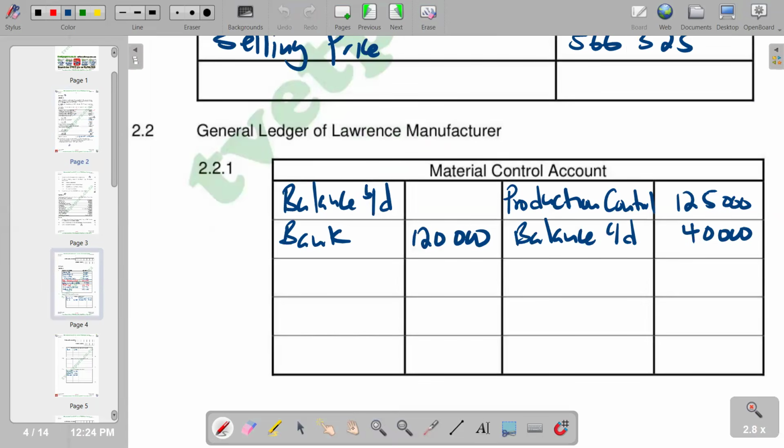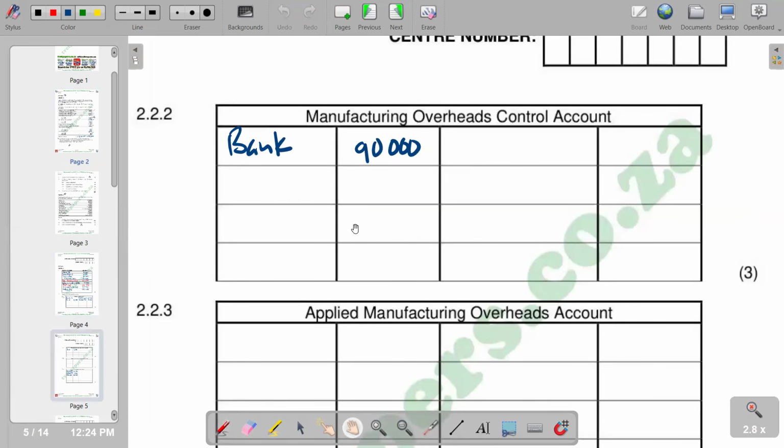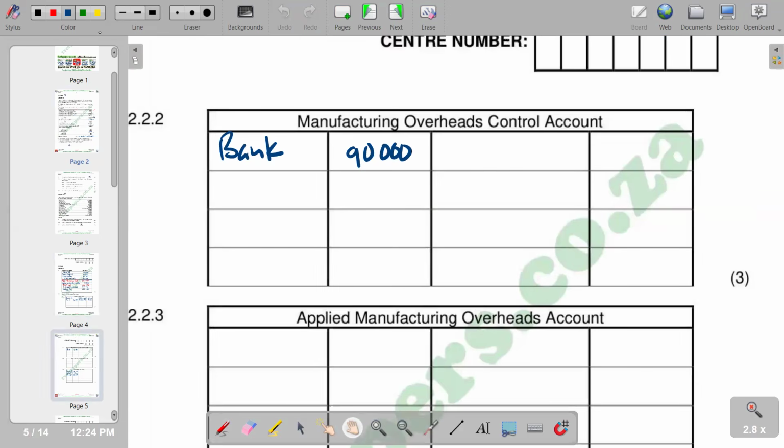So we check in terms of the manufacturing overheads control account, which we are having here. So we go to the credit side and we are saying applied manufacturing overheads. Applied manufacturing overheads, and the answer that we got is 99,000.